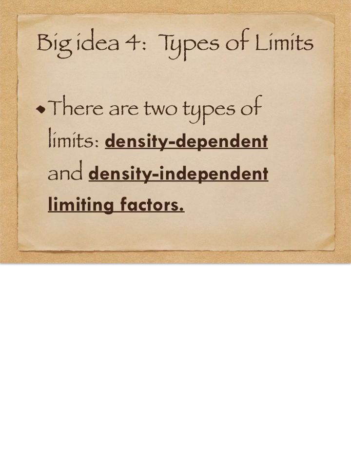And there's 2 basic kinds of limits. Those that are dependent on density. So in other words, density dependent limits are limits that would be impacted by how many individuals you have. So food, for instance, would be dependent on how many you have. If you have 50 people and one cake, that limits how much cake each individual can have.